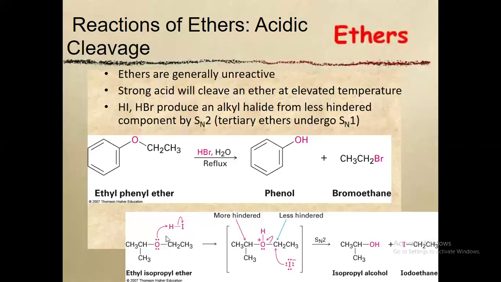Then you have a cleavage to give you the alcohol functionality, and then the halogen comes to the carbonium carbon here to give you the alkyl halide. So basically, whether it's an aromatic molecule or an aliphatic ether, you can cleave it using a strong acid at high temperature into the phenol and alkyl halide, or into an alcohol and an alkyl halide.